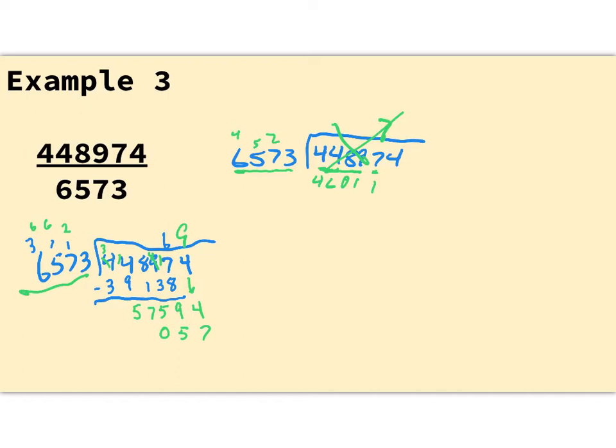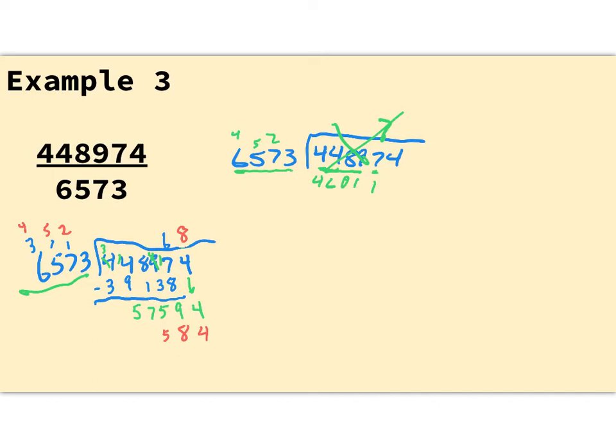So now we're going to have to erase. And we're going to have to go back down to 8. 8 times 3 is 24. 8 times 7 is 56 plus 2 is 58. 8 times 5 is 40 plus 5 is 45.